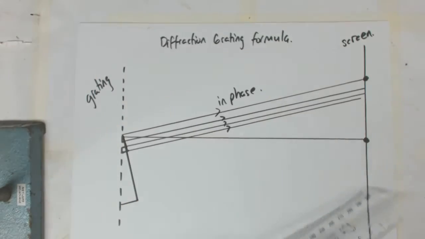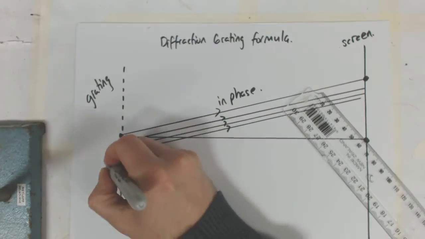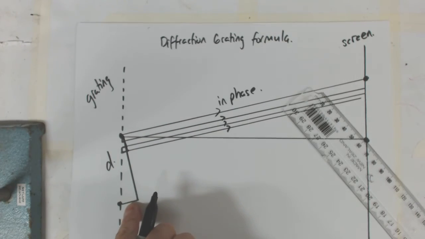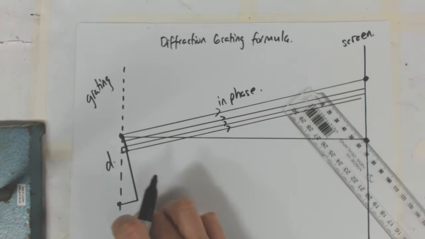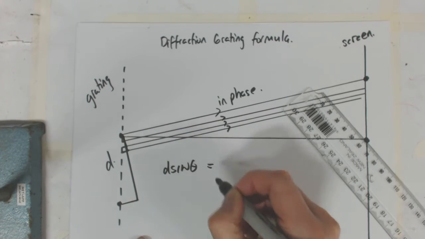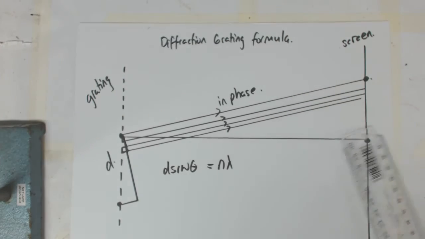And what we are saying is, as usual, d, in fact this time it's like 5d or whatever, is going to be equal to 5 wavelengths, or d times the sine of theta is going to be equal to n wavelengths for constructive interference, which is what we got up there.